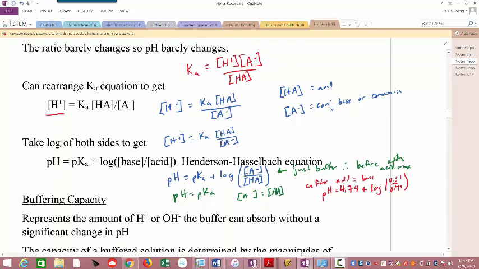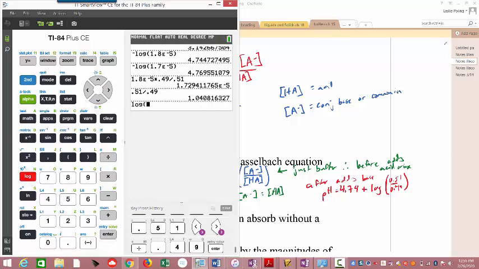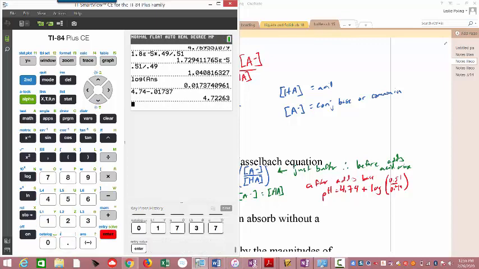And calculator. So, whoops. Divided by 0.49, and then take the log of it, and 4.74 minus 0.01737.